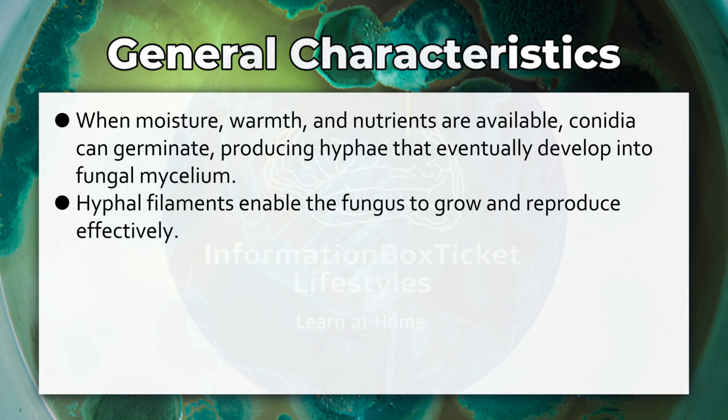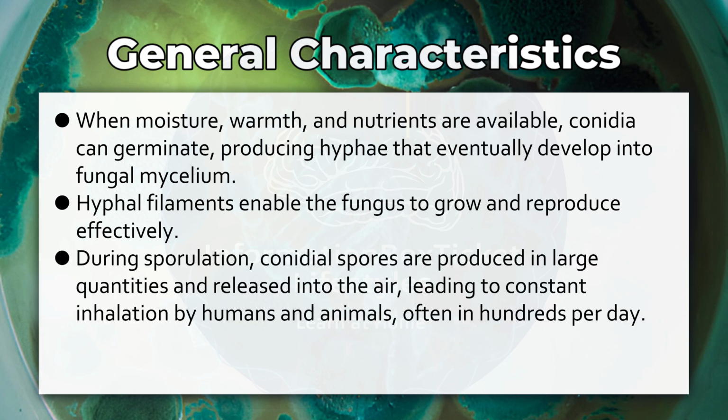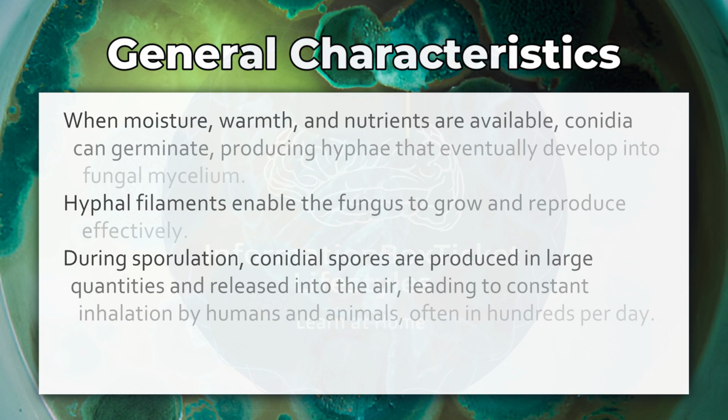Hyphal filaments enable the fungus to grow and reproduce effectively. During sporulation, conidial spores are produced in large quantities and released into the air, leading to constant inhalation by humans and animals, often in hundreds per day.